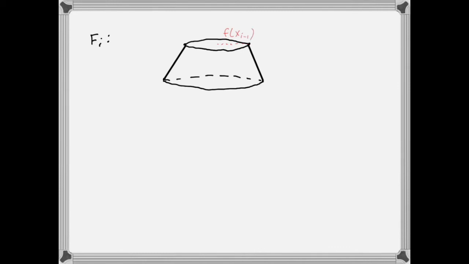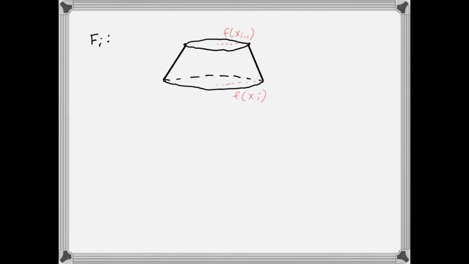We've got 2 dots here, 2 dots here, and so we've got something that looks like this, except this radius would be f of x_{i-1}, and this radius down here would be f of x_i, right?